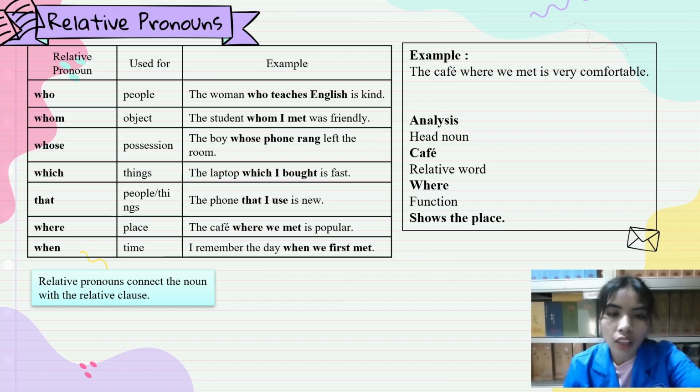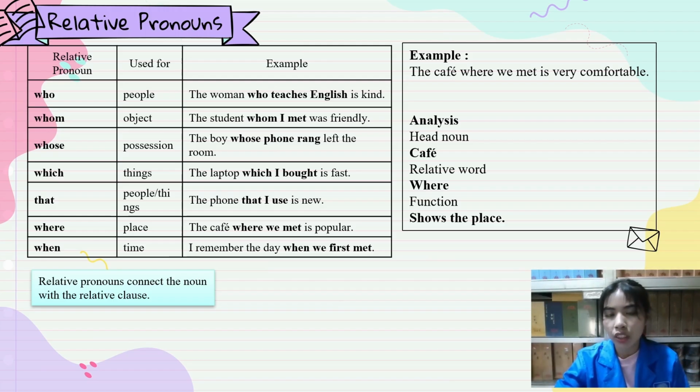Okay, next, the relative pronouns. Relative clauses use several relative pronouns. We use who for people, which for things, whose shows possession, where refers to place, and when refers to time. Choosing the correct relative pronoun is important because it makes the sentence grammatically correct.